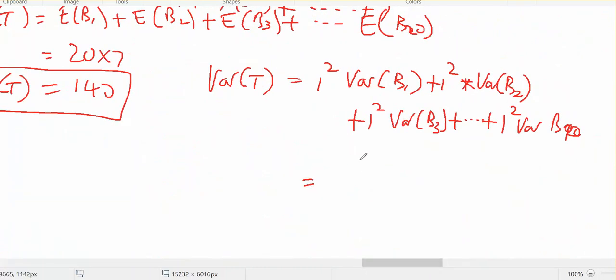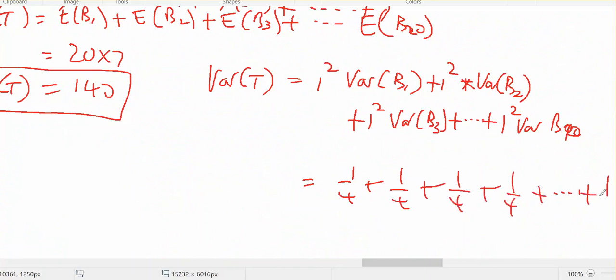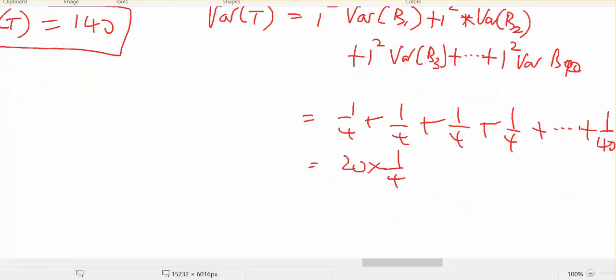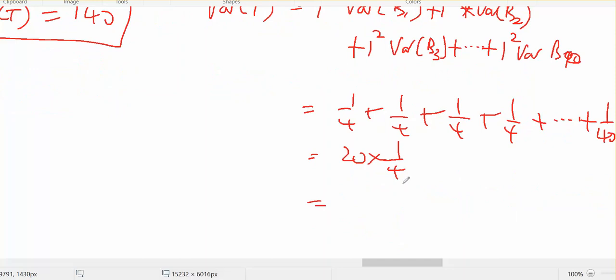So I've got 1/4 plus 1/4 plus 1/4 plus 1/4, all the way up to the 20th 1/4, which gives me 20 times 1/4, which gives me 5. 4 goes into 20 five times, is that correct?